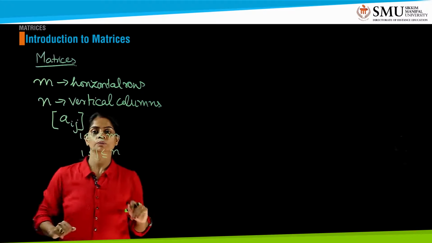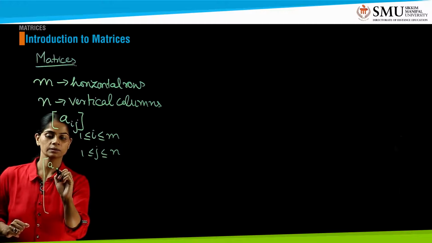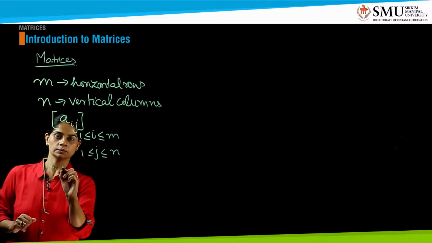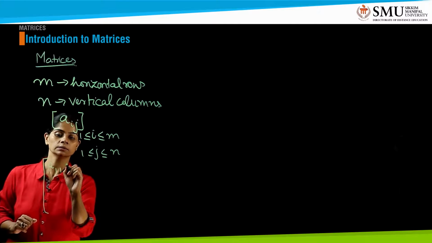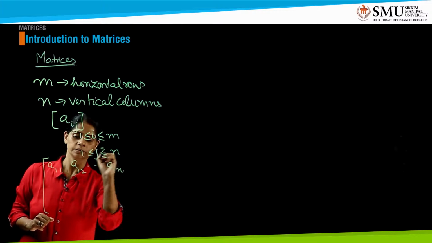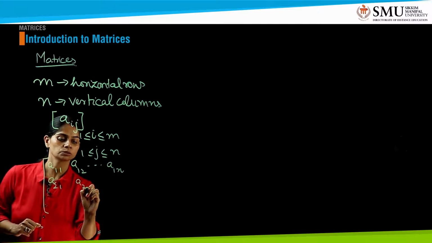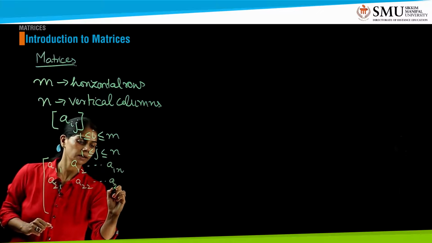If we are going to expand this, it takes the form A11, A12, so on up to A1n. Second row A21, A22, so on up to A2n.